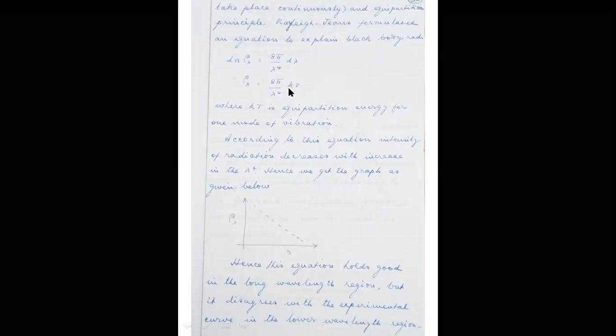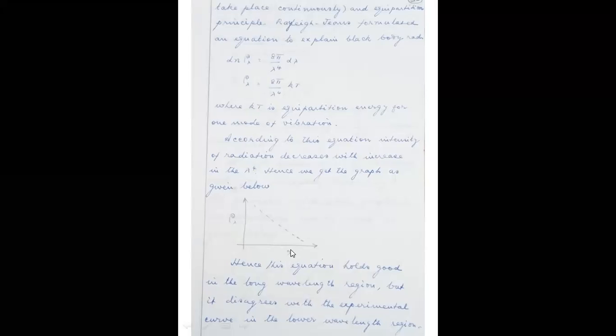If you draw a graph according to this equation, 8 is a number, pi is a constant, k is a constant, and T is the temperature, fixed at a particular value. So rho lambda and lambda are inversely related. When lambda increases, rho lambda decreases. So you will get a curve like this.